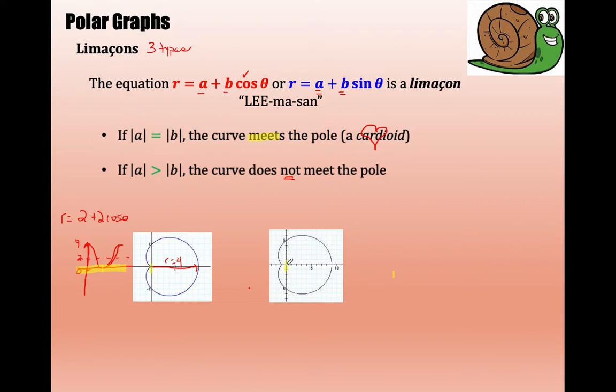Can you see the pole right here is kind of highlighted? In rectangular form, in y equals, and I'm still writing r, but again, think with your y equals brain. If the magnitude of A is greater than B, so for instance 3 plus 2 cosine theta maybe.